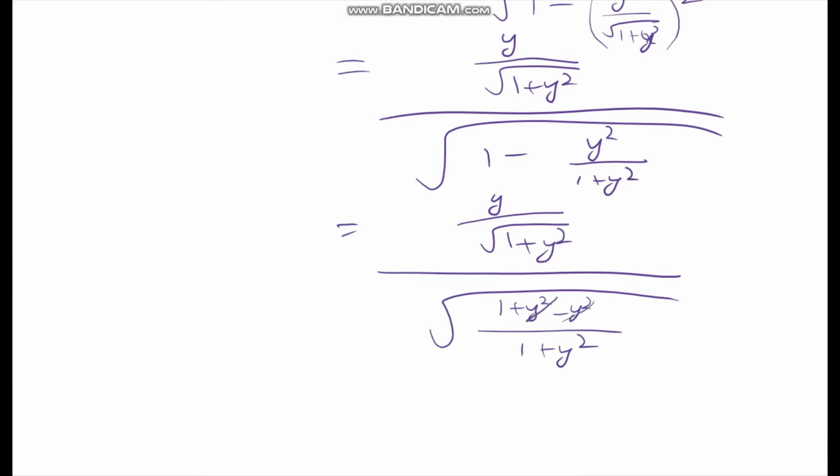These two get cancelled, and this total thing is 1 by root 1 plus y square. These two get cancelled, that equals y.